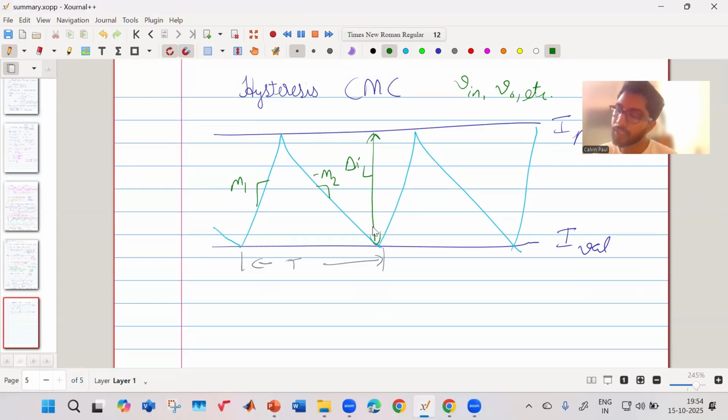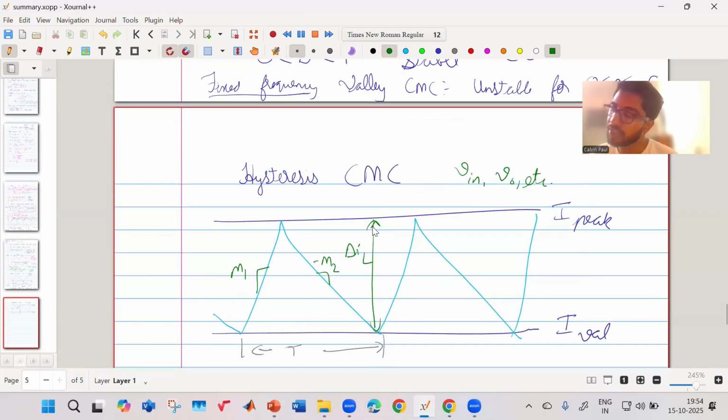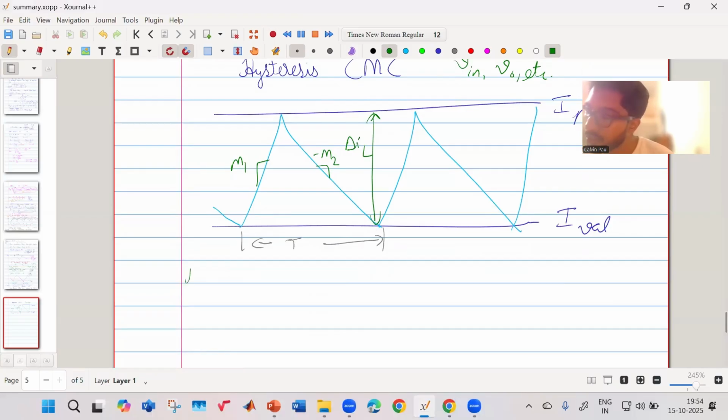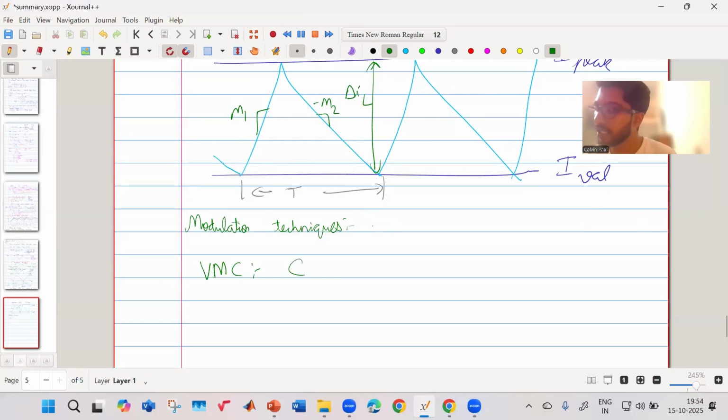Now, after all this, we have seen different sorts of modulation techniques. Next, you have your voltage mode control and your current mode control. We have to model them, right?